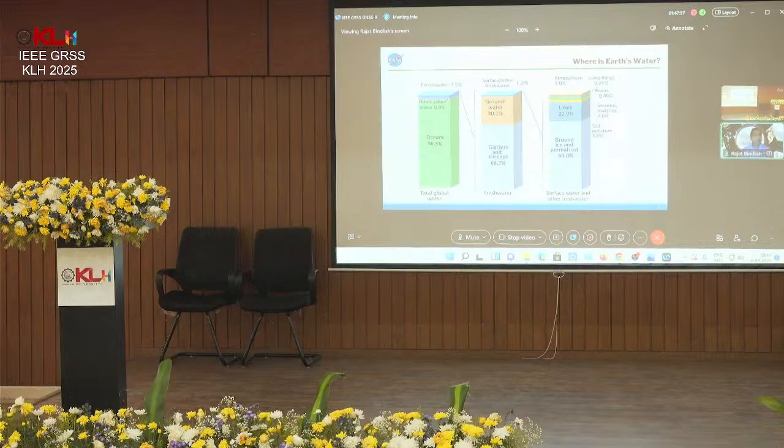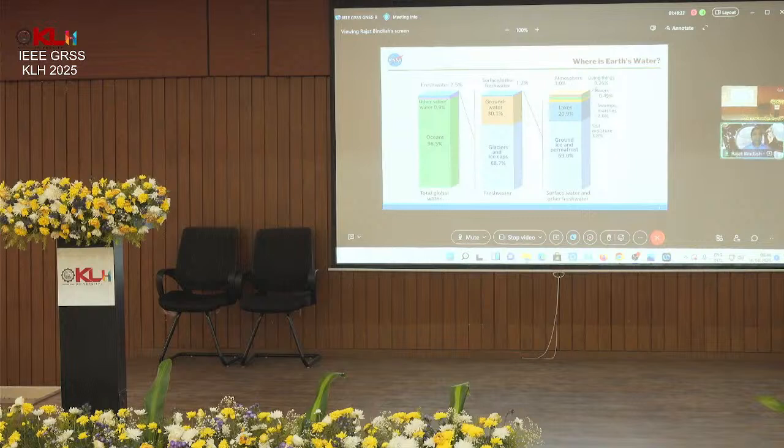First of all, fresh water is only 2.5%, and then out of that only 1.2%. After that, it is 0.1% of the total water that is the fresh water you have in reservoirs or soil moisture or lakes or rivers.